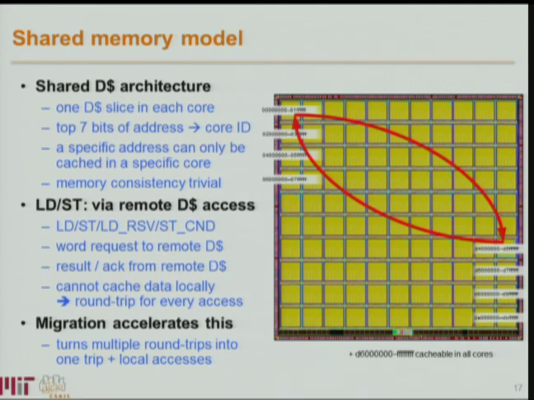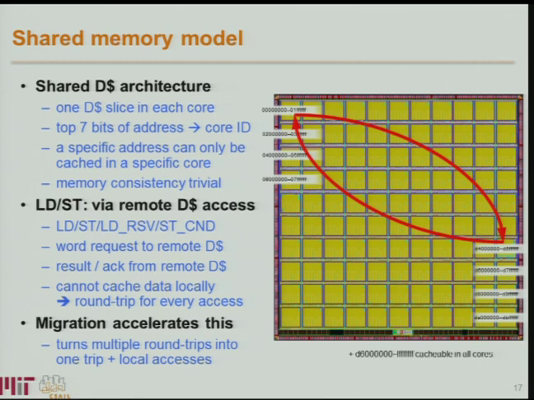So I send a message to the remote cache. It does the work for me, and I get some sort of result for a load, or an acknowledgement maybe for a store. And this is bad because you might have to repeat this multiple times, because for memory consistency reasons, you cannot cache this data locally in this kind of architecture, because there's no cache coherence protocol.